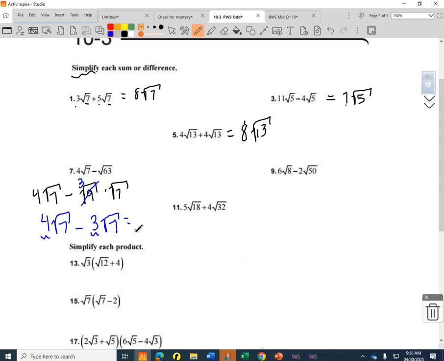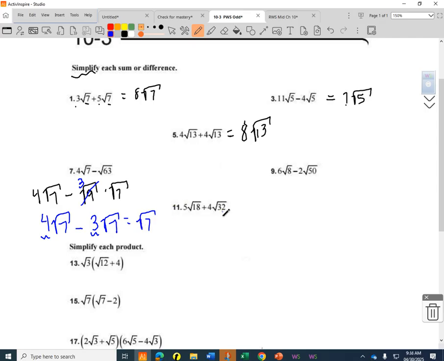Sorry? 1, right? So 1 square root 7, but we don't write the 1. Just like if we have 1x, we don't write the 1. If the coefficient is 1, we don't write that.